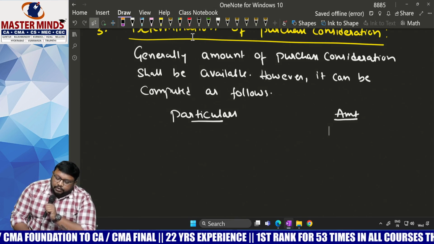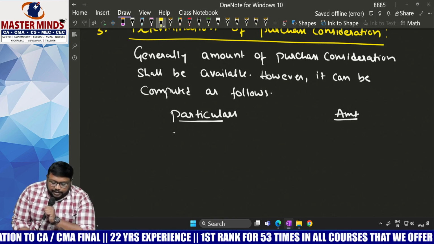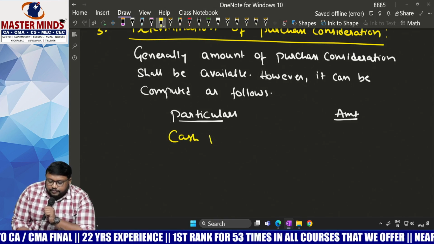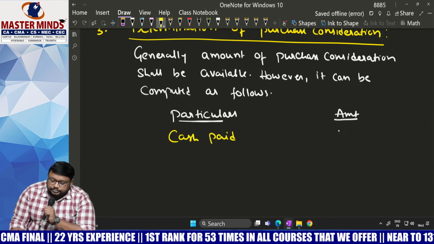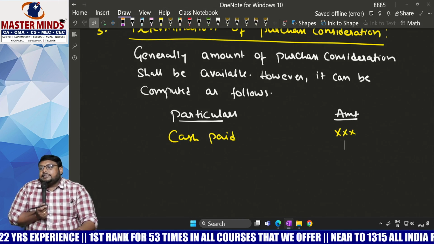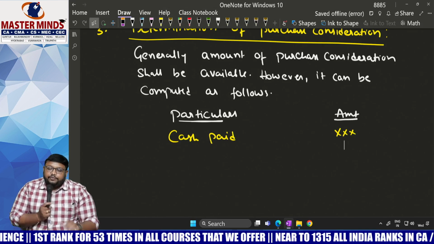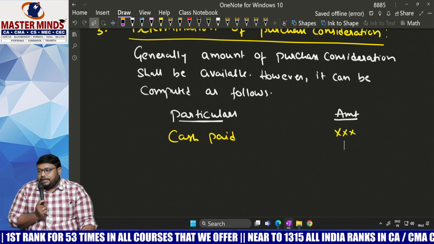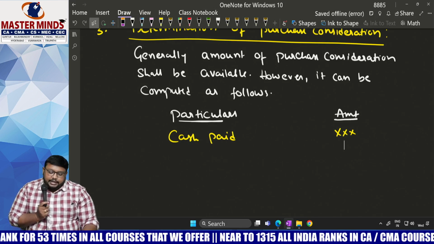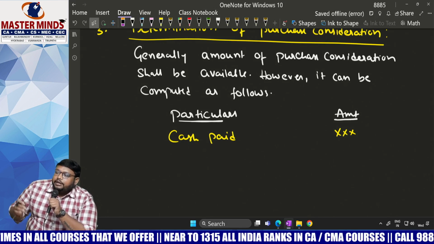First of all, what you are giving. So generally when you are paying cash, first element is cash paid. Next, if you are giving any assets, we have to take the fair value of those assets. Fair value means, on that date of acquisition, what is the fair value of the asset?